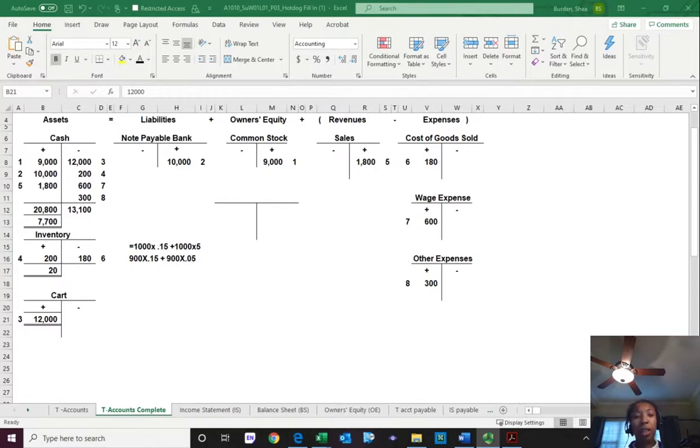So the first thing that I want you to realize is to make the income statement, you're only going to use the items that are in the sales, so revenues and expenses column. So sales and your expenses. So think of it like this.